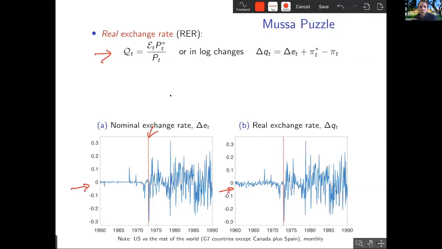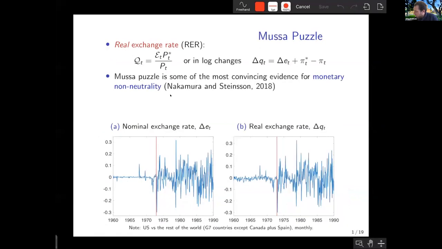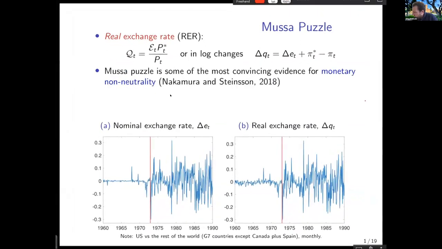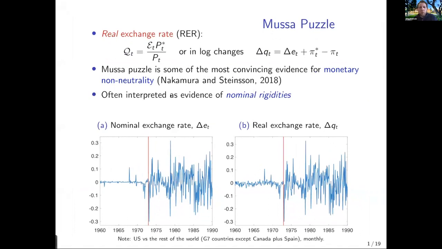It moved only by 1-2% a year, something that we expect of real macro variables. Consumption and output moved by something like 1 or 2% a year, and the real exchange rate did the same thing. But as soon as you let the nominal exchange rate float, the volatility of the real exchange rate increased by an order of magnitude. This is typically viewed as one of the most convincing evidence of monetary non-neutrality.